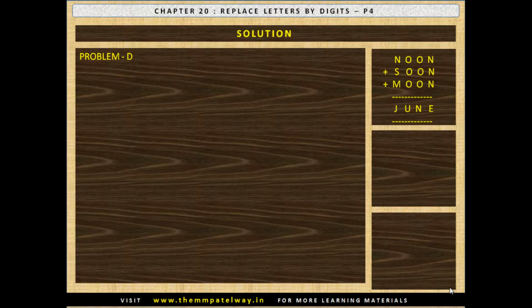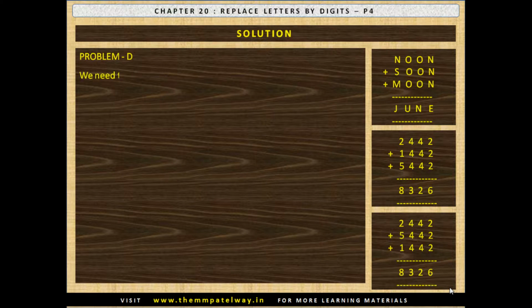Now we come to problem D. To solve this problem, we need to relate values of N, O, E and U. The first possibility is if N is equal to 1, then E will be equal to 3. This is not possible.